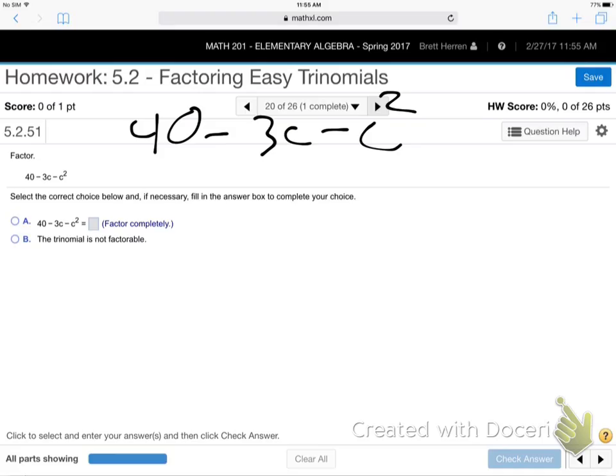Just got to reorder it first off. So first reorder.